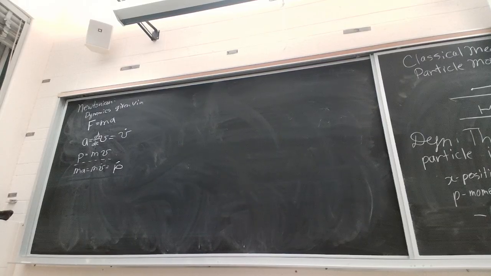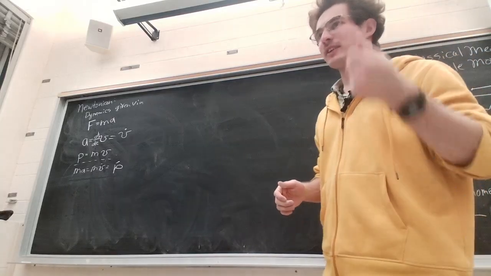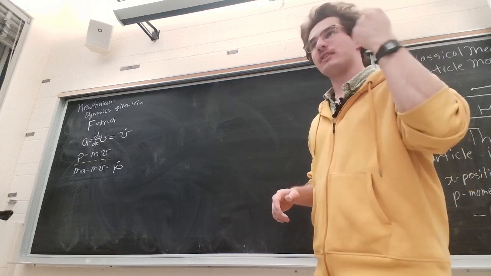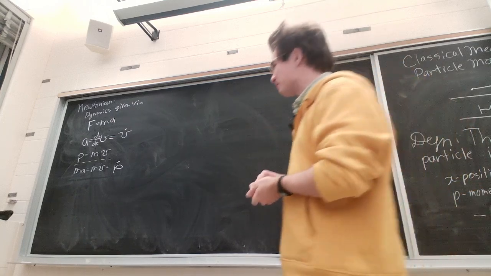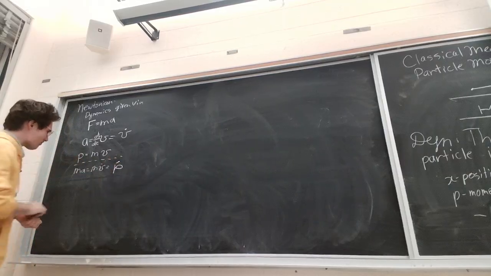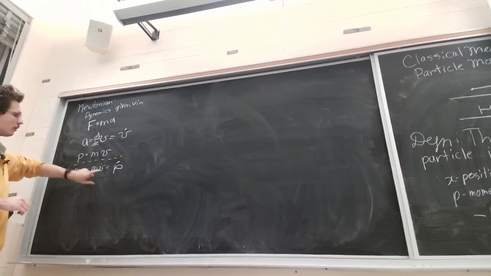You can read Arnold's Mathematical Methods of Classical Mechanics, or, if you know what a derivative is, you can read Landau and Lifshitz Mechanics. Great book. Okay, so now let me rewrite F equals ma in terms of this.